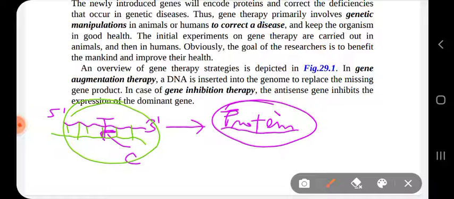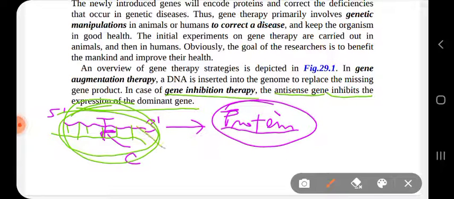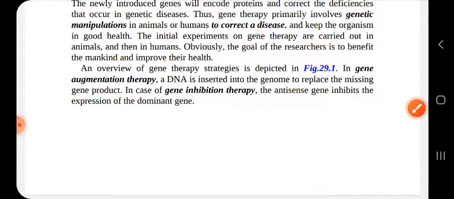That type of therapy is called gene inhibition therapy, where we use a complementary gene called an antisense gene which will inhibit the expression of that dominant gene. This is done at the RNA level, not the DNA level, because DNA is already double stranded. At the RNA level, RNA has to be made double stranded by using a complementary sequence of that RNA.